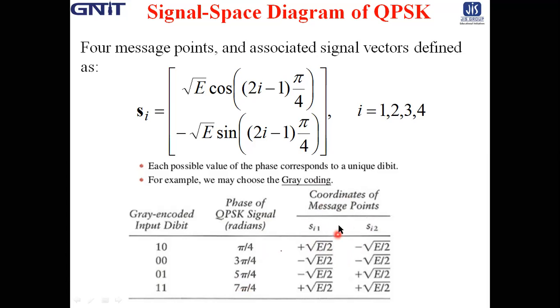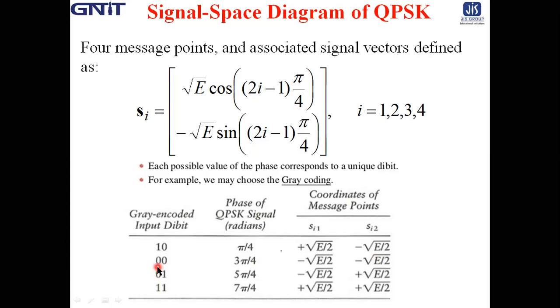Say s_i1 equal to the integration from 0 to T of s_i(t) phi 1(t) dt. In that way, you can calculate the coordinates of the message points. For 10, s_i1 is plus root over E by 2 and s_i2 is minus root over E by 2.